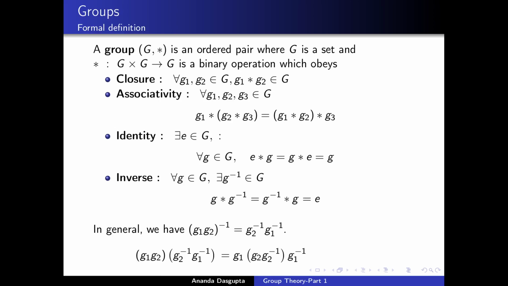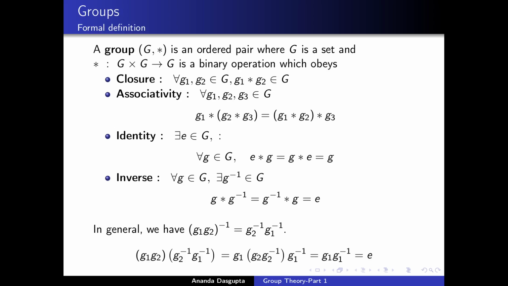However, you can use associativity to change the bracket and put it anywhere you want. In particular, you can put it here, and that immediately tells you that these two together will give you the identity, and hence you're going to end up with G1 G1 inverse, which is of course the identity. So G1 G2's inverse is G2 inverse G1 inverse.